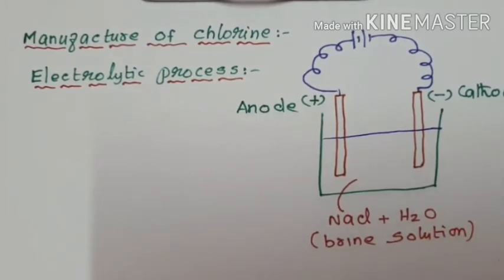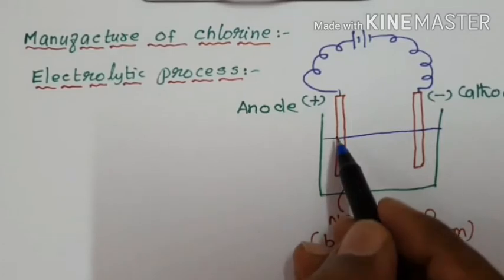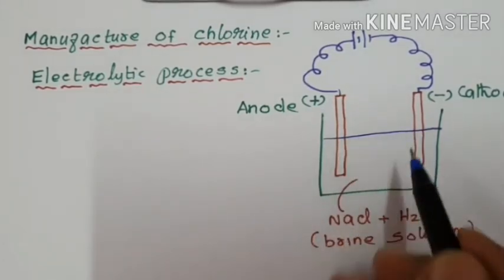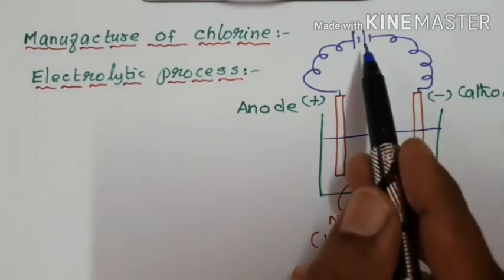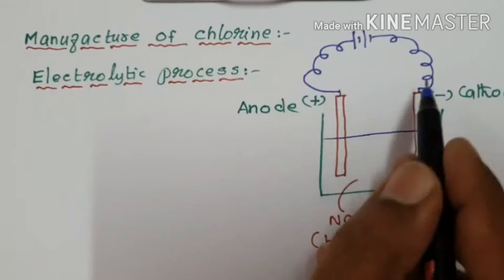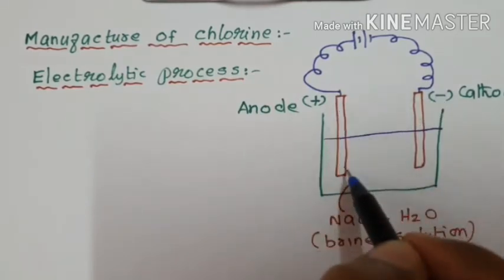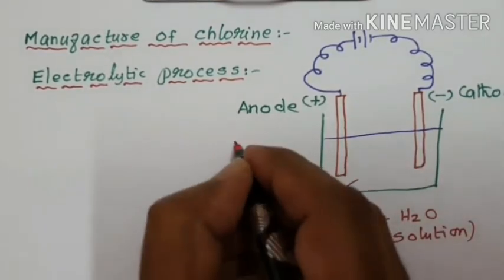And what happens when we pass a current? Initially, these two are called metallic rods.